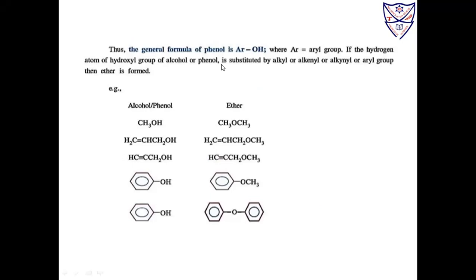Thus the general formula for phenol, that is aromatic OH, is ArOH, where Ar is the aryl group. If the hydrogen atom of a hydroxyl group of an alcohol or phenol is substituted by the alkyl or alkenyl or aryl group, then ether is formed.